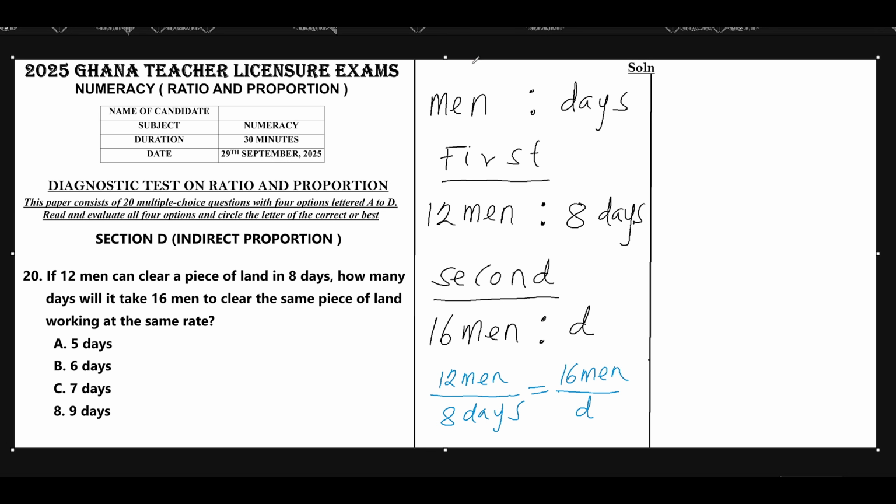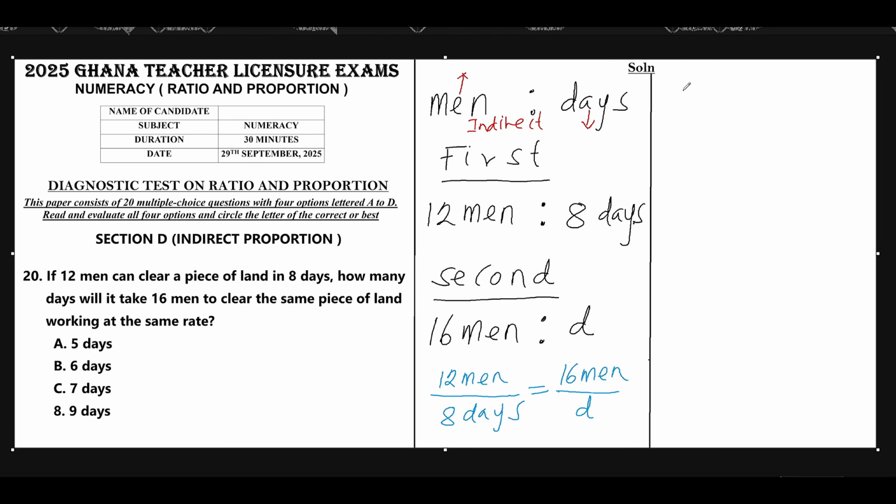So as the number of men increases, or as you employ the services of more men, then the number of days will decrease. So once an increase in one quantity causes a decrease in the other quantity, this is an indirect proportion. So once this is an indirect proportion, then we know how to solve for d.